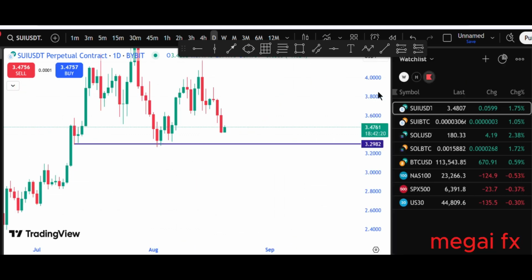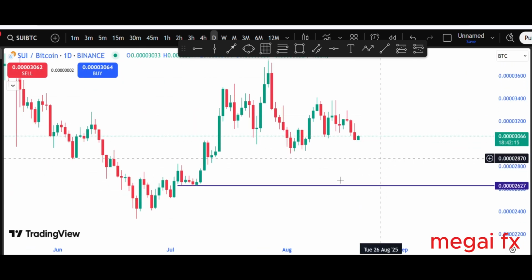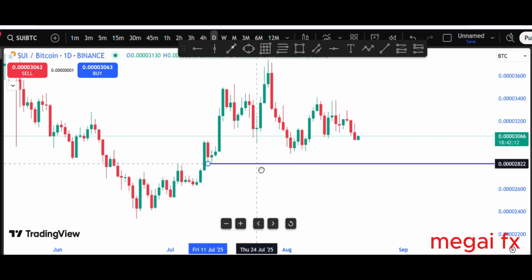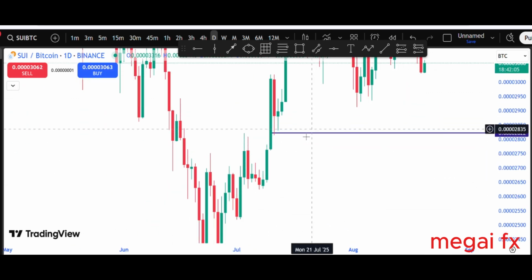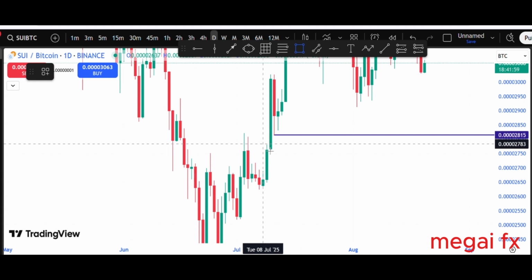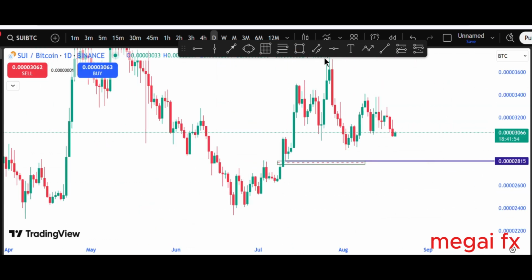But let me show you that particular low on BTC and see what happened there. Look at it here. That same low. Are you seeing it? This is the fair value gap here. That same fair value gap, you notice that market fails to come down to that particular fair value gap.